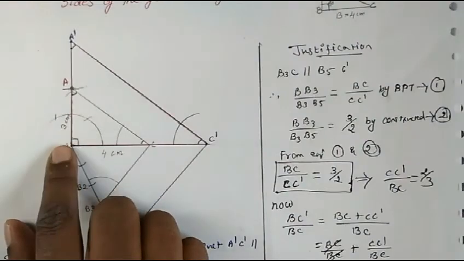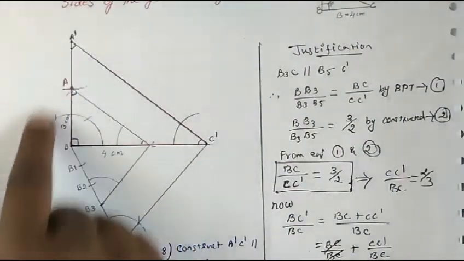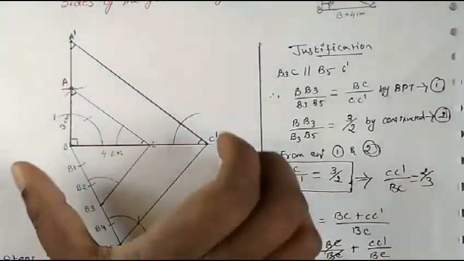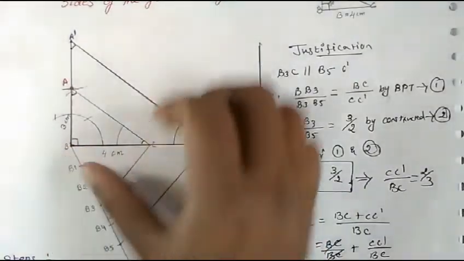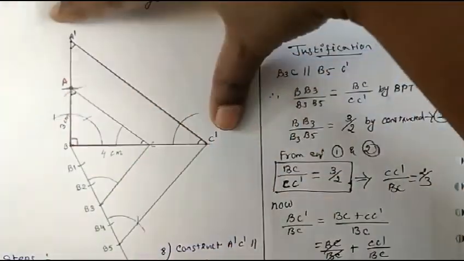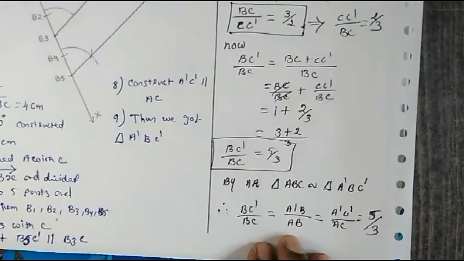But when we construct a similar triangle that becomes a bigger one, then you will write first bigger side upon smaller side, bigger side upon smaller side, and bigger side upon smaller side. That you have to remember when you write here.